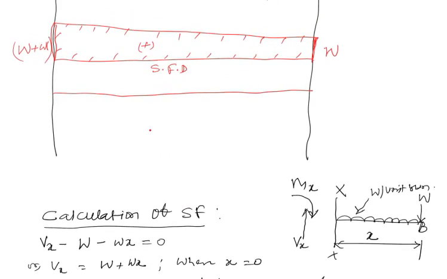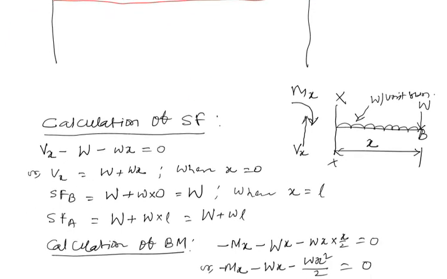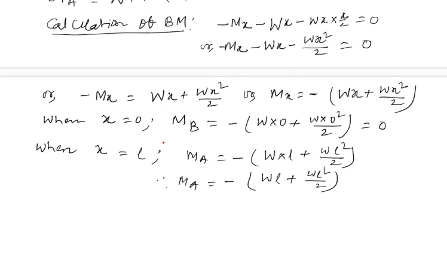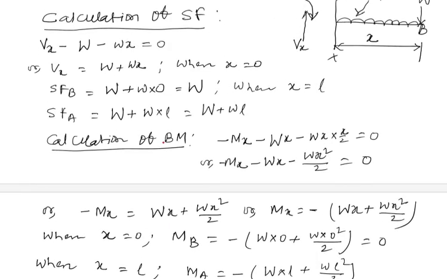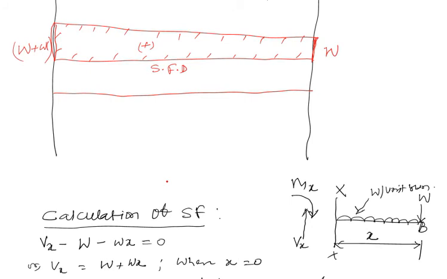Bending moment at B is 0. And the bending moment at A is how much? That is WL plus wL square by 2. This is the bending moment.